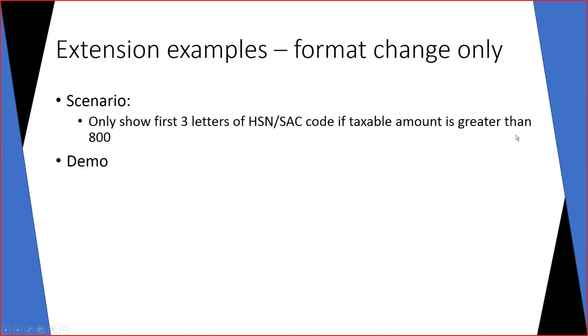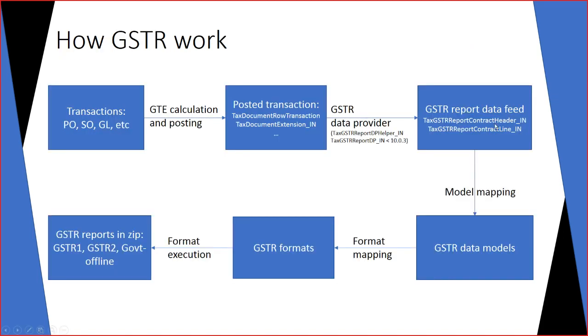Okay. Then let's go to the extension scenarios. So right now I just explained how the data flows between each step, and when you need to do customization, usually you will do customization if a format requirement needs to be changed, you will modify the format directory.